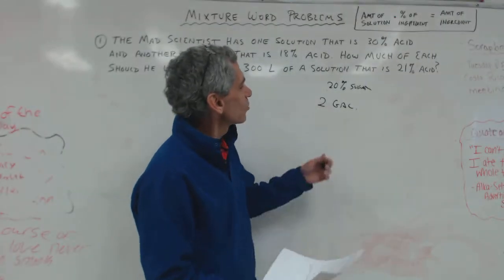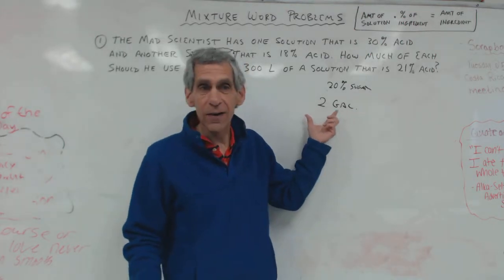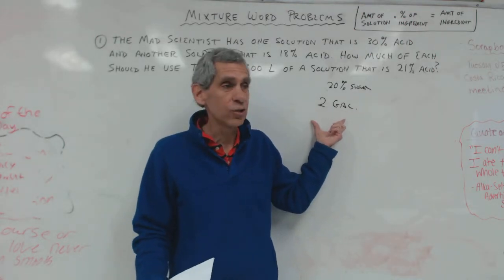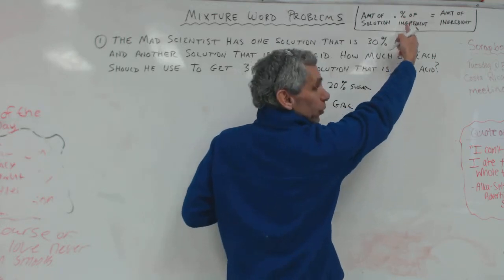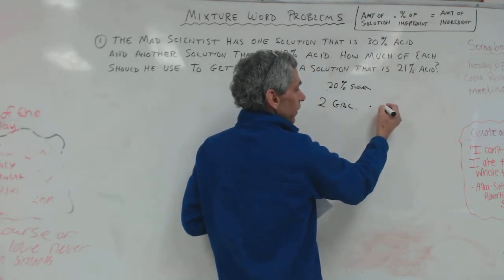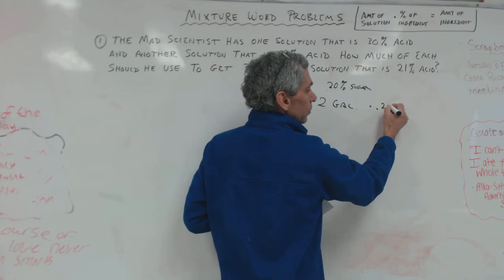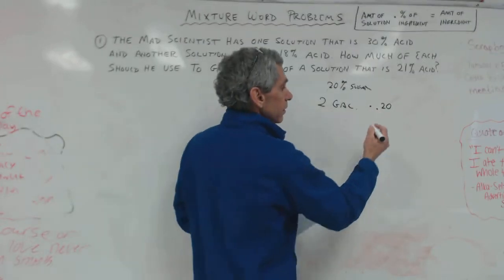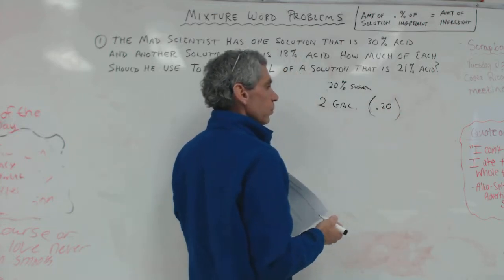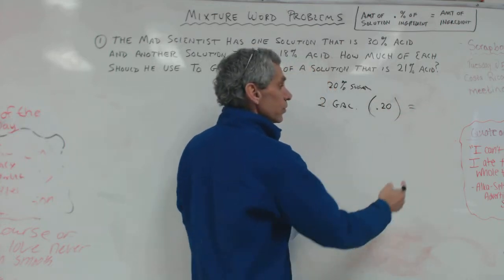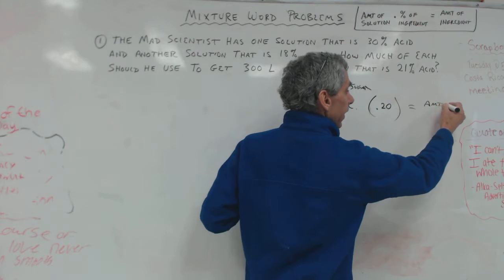Okay. So if you have 2 gallons of a solution that is 20% sugar, and I multiply it times the percent of the sugar, 0.20, it equals the amount of the sugar that I have.